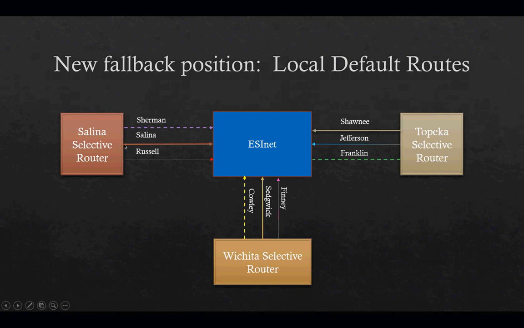We're making sure that the PSAPs that use the Salina selective router and are near Salina are going down this trunk right here that says Salina, whereas the ones that use the Salina selective router and are closer to Russell use this trunk. And the reason for that is so that we can divide these calls up, and when they don't route properly, they will end up at a closer PSAP than just all of them shooting all the way across the state to Salina.